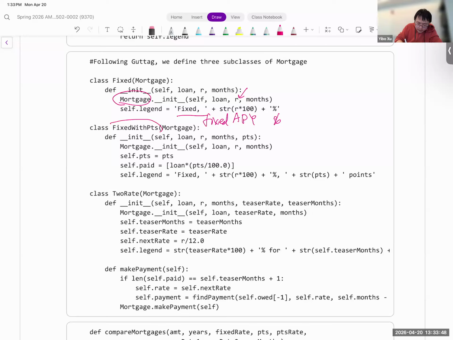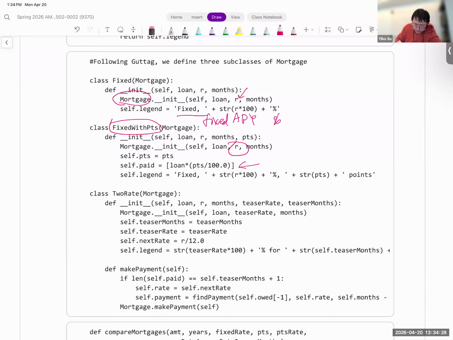So that's pretty straightforward. But now the fixed rate with points, basically they're saying I need to pay some amount. In order to get this R percent, I need a down payment.